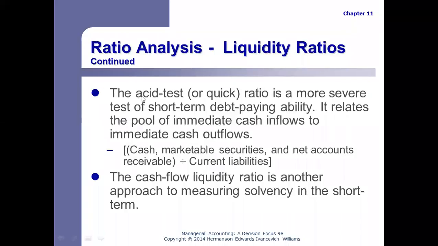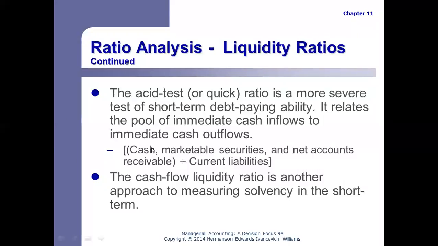The acid test, or sometimes called quick ratio, measures if a company had to pay all of their current liabilities, so again, the liabilities that are due within 1 year, if they had to pay them all immediately or within a couple of weeks, or at least within the next month, do they have the ability to pay all the current liabilities off fairly quickly?